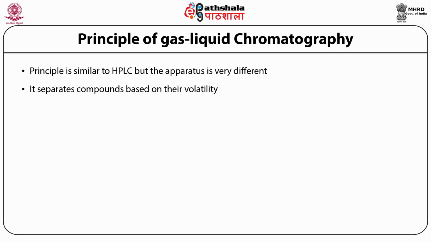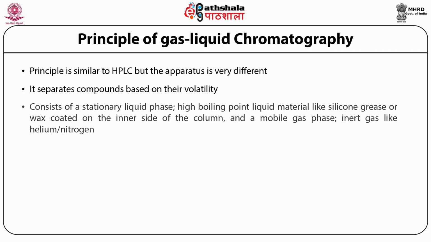Unlike HPLC or TLC, the GLC consists of a stationary phase which is liquid in nature. So what is this liquid phase? This liquid phase consists of a high boiling point liquid material like silicon grease or wax that is coated on the inner side of the column.